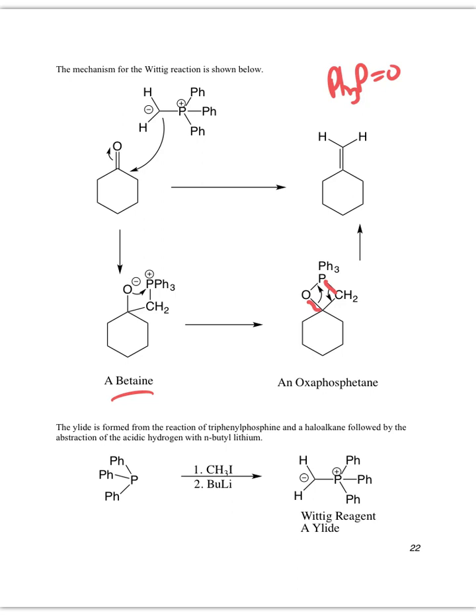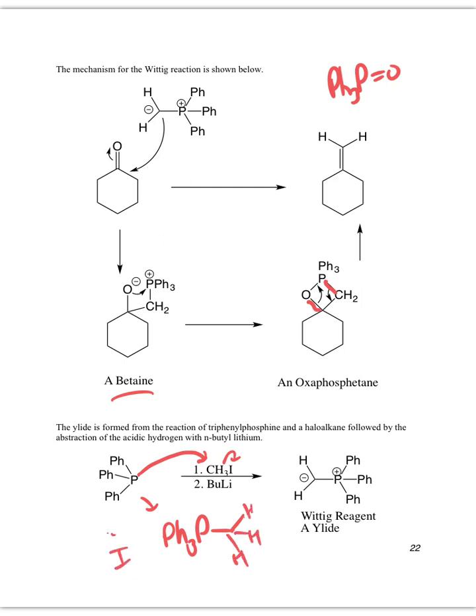So how can we form this? The first step is with triphenylphosphine, we can do an SN2 on any alkyl halide. So we're going to get, well, I should draw the CH3 out.